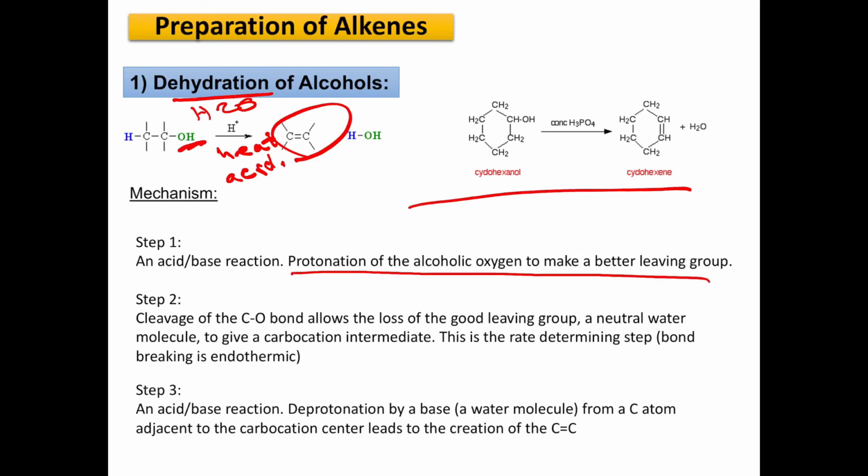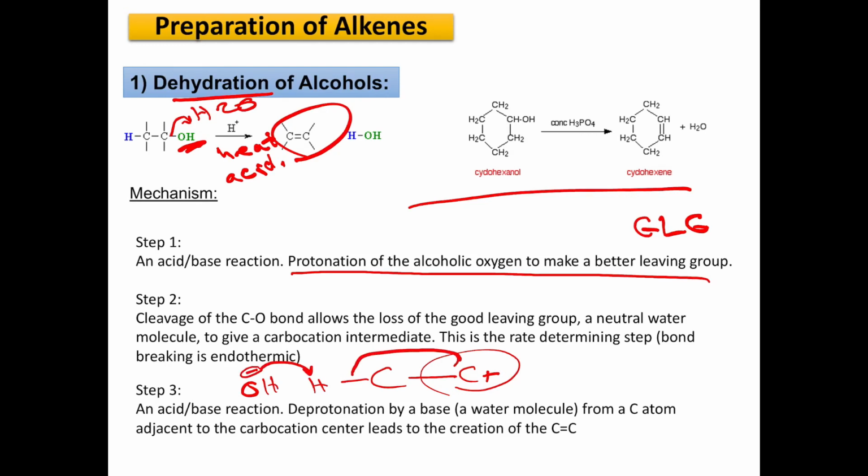There will be an addition of a proton to the oxygen to make a better leaving group, called a good leaving group. Step 2, cleavage of the bond. Then this bond will be broken, forming a carbonium intermediate. It is possible to have a rearrangement. Then deprotonation from the carbon next to it. As a result, a double bond will be created.